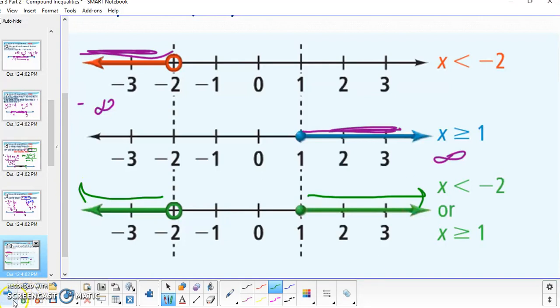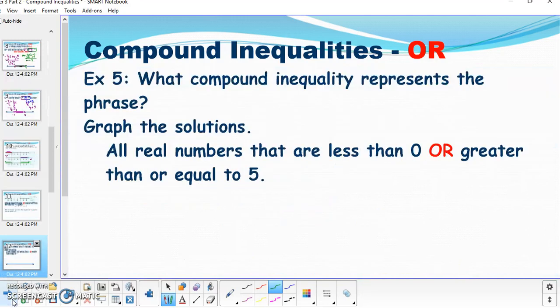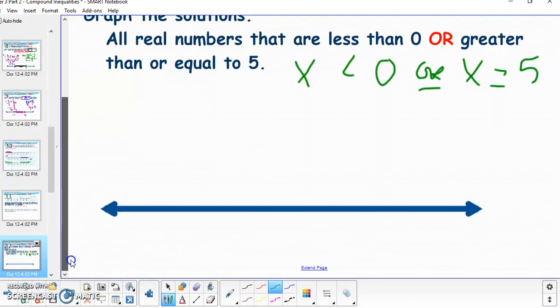So let's look at an example. All real numbers less than 0 or greater than or equal to 5. That word or lets me know they are not overlapping. So I have an open circle at 0. Ooh, excuse me, that's a mess.